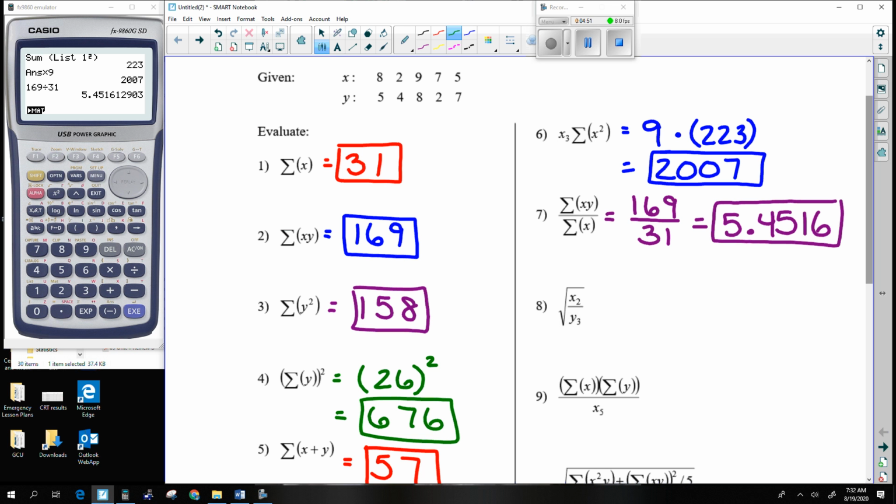Number 8, x sub 2, is the second number of the x's, which is 2. Y sub 3, which is the third number of the y's, which is 8. So this is the square root of 2 divided by 8. So I'm going to take 2 divided by 8 first and then square root that answer.